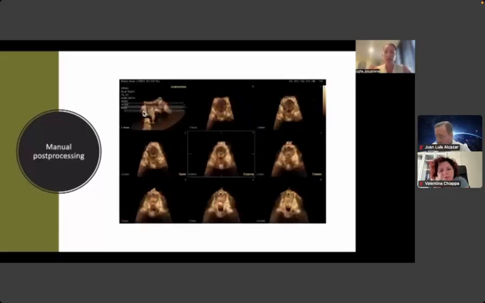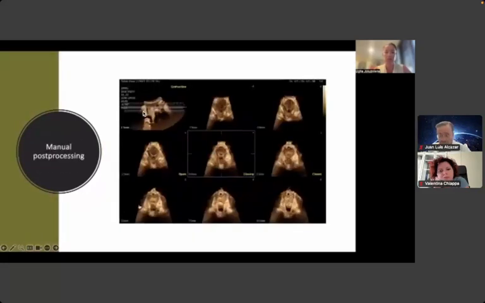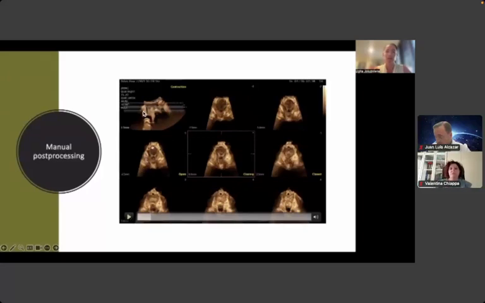Here we can see what the appropriate level is. Go back to the previous image. The appropriate level is this level where we see that the ramus symphysis pubis is open in this image, closing in the middle image, and closed in the 3rd image.